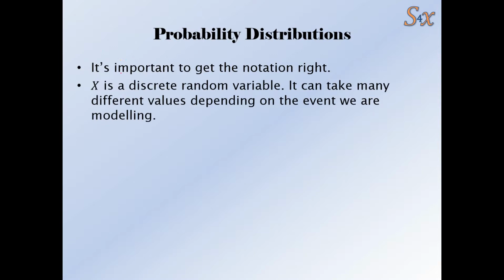So capital letters, and we often use X, is what we call, for the binomial, a discrete random variable. That means it can take different values depending on the event we're modeling and depending on the outcome of that event.